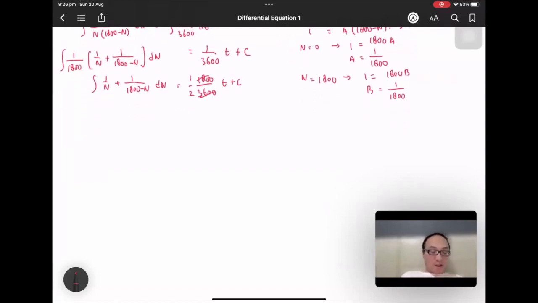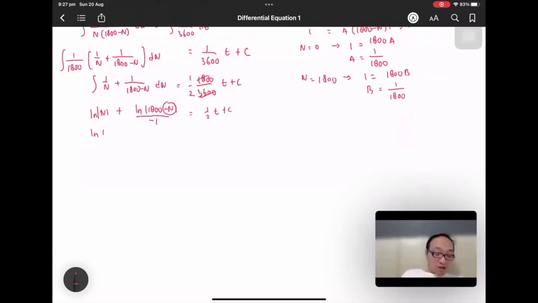And then now the left hand side can be integrated into ln n plus ln(1800 minus n) divided by minus 1. Yeah, don't forget to divide by the negative, the derivative of this. Equals 1 over 2 t plus c.